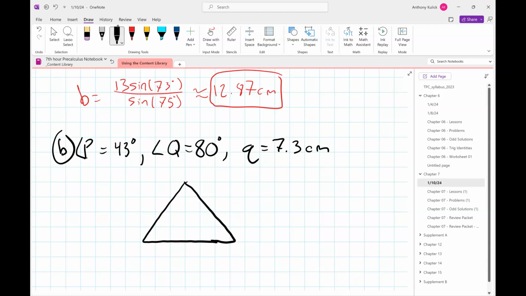What should I label the vertices for my triangle here? What do you guys think? It's not a hard question. So P and Q definitely. How about what should the third one be though?